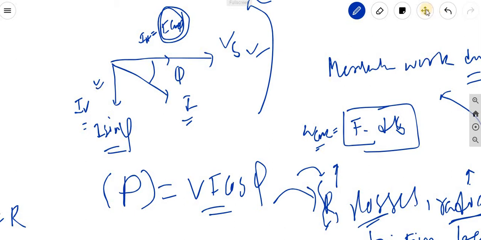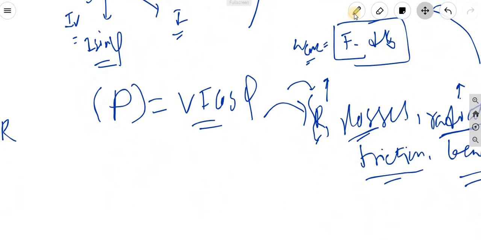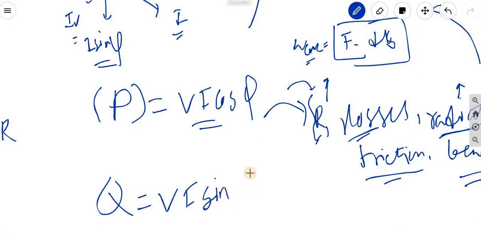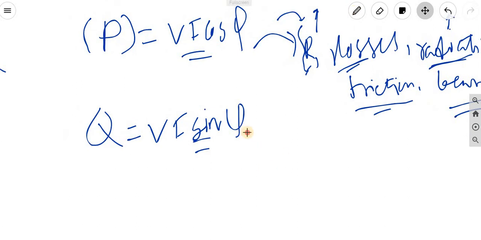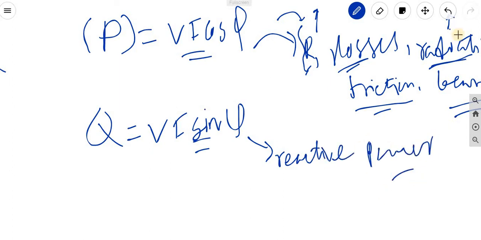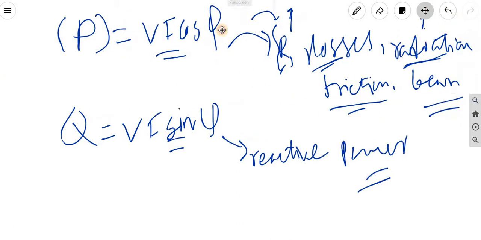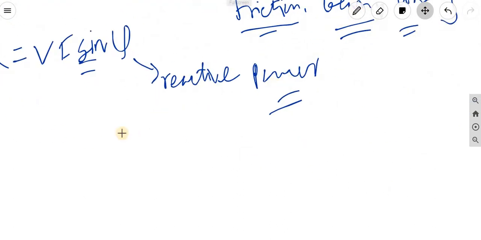So this power is called reactive power, EI sin phi, and Q represents reactive power. So what is the function of this reactive power?